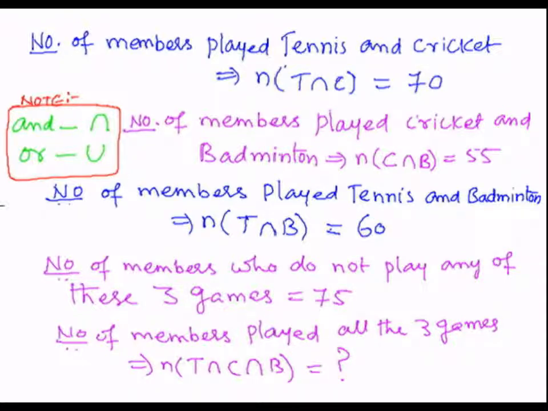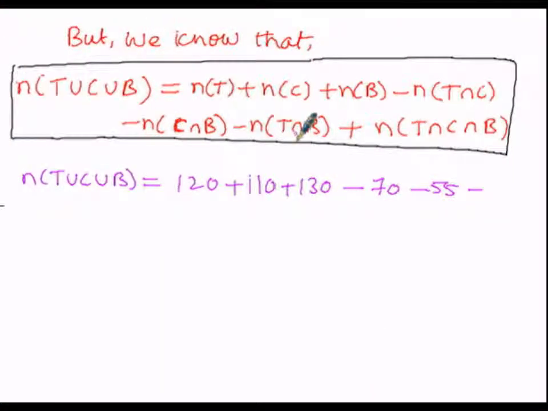Then we replace n of T intersection B by 60, plus n of T intersection C intersection B, which is unknown, so we write it the same. That is the number of members who played all three, tennis and cricket as well as badminton, which is unknown, whereas this is also unknown: the number of members who played either tennis or cricket or badminton.